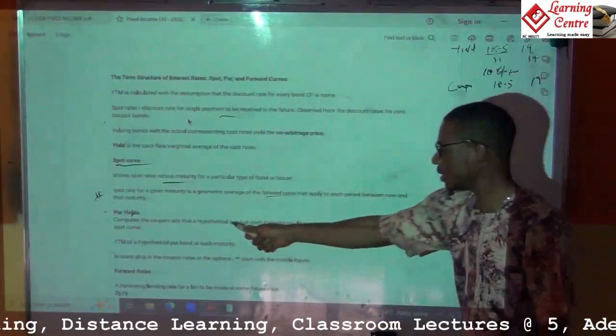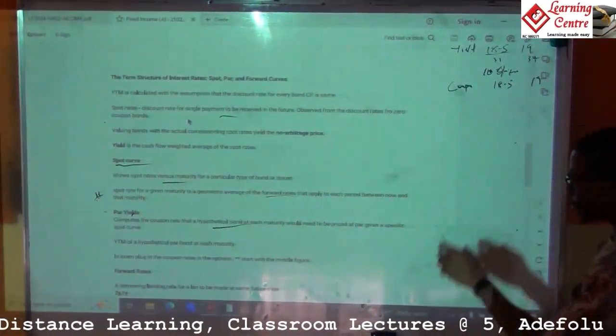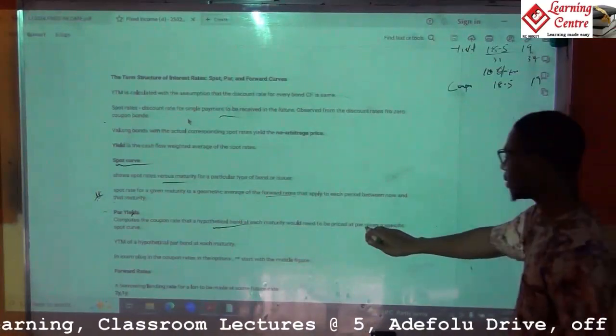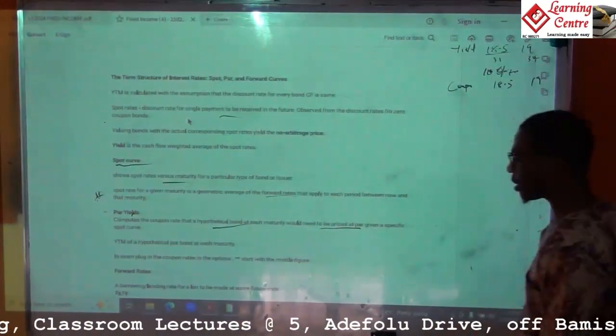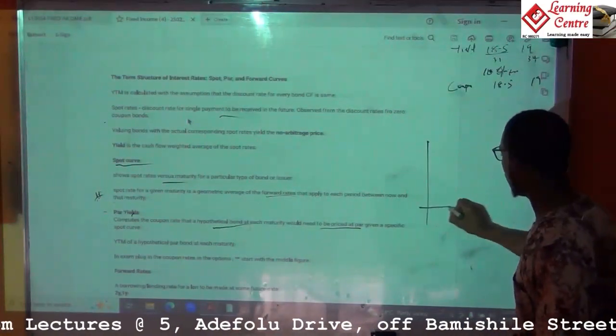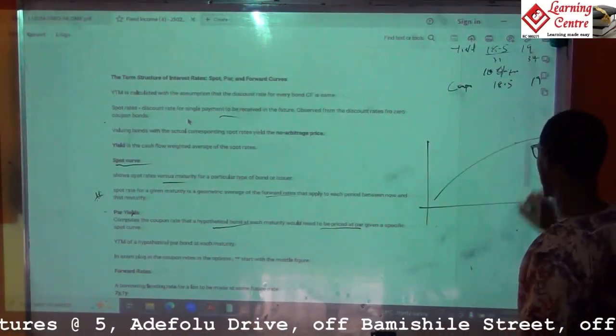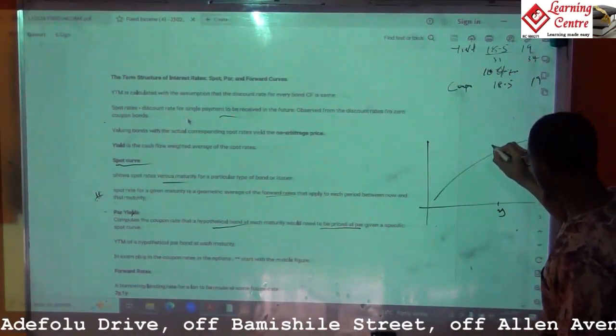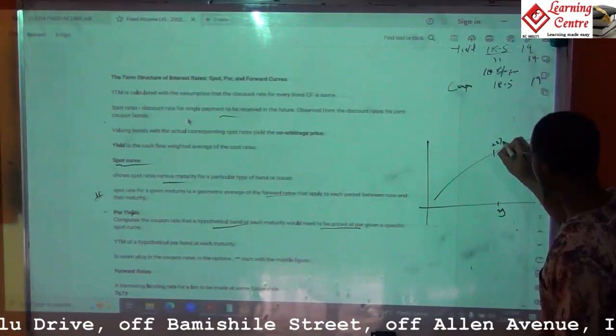Compute the coupon rate that a hypothetical bond at each maturity will pay to be priced at par, given a specific spot curve. So when I have that spot curve, going like this, that says 2 years is at 22%.